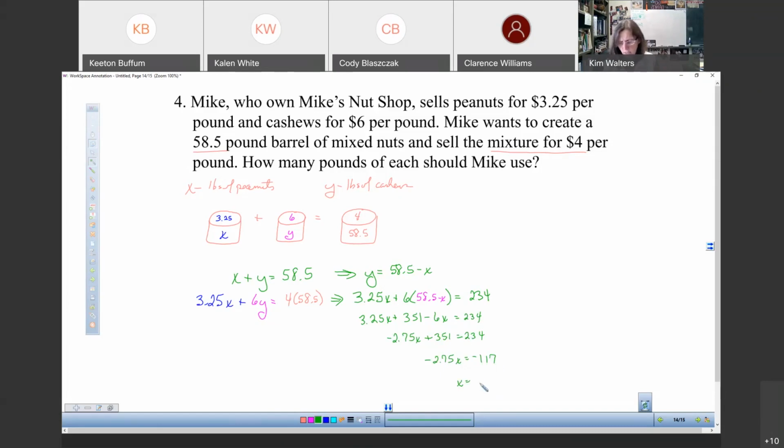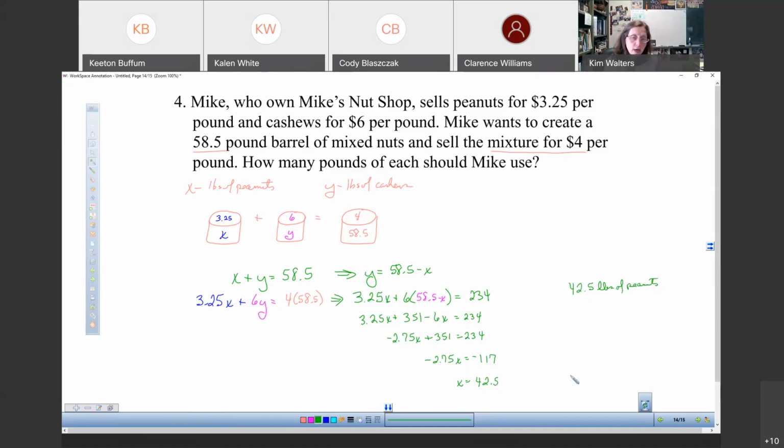Sorry, my calculator did some funky stuff. Okay, that's much better. And I'm going to get a positive 42 point, I am going to get a decimal. I would round it to one decimal place, so it's 42.5. And so what happens is I have 42.5 pounds of peanuts.